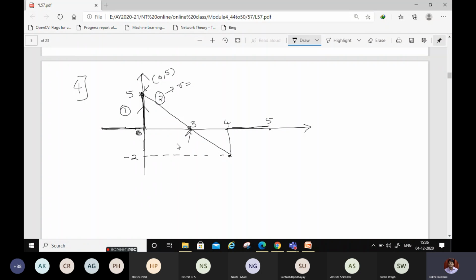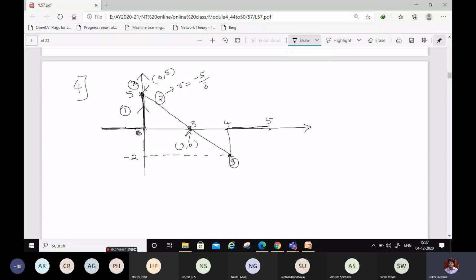This one I can take as 3, 0. So this will be minus 5 by 3. Now this entire line slope will be minus 5 by 3. If I mark this as A to B, A to B is minus 5 by 3, right?